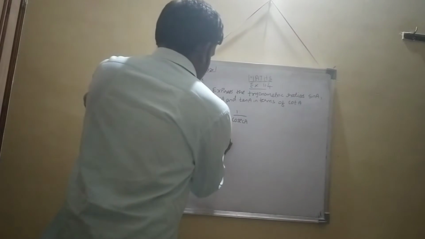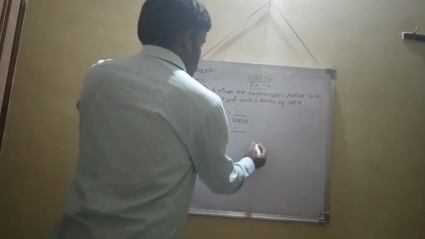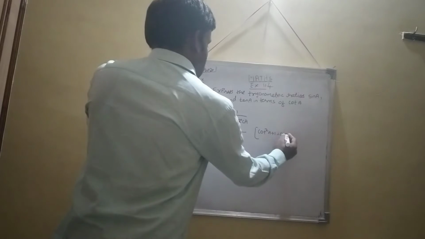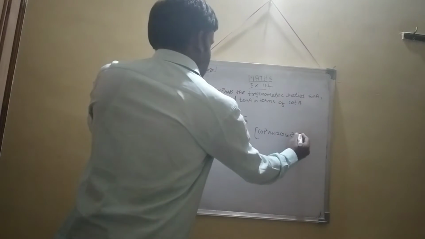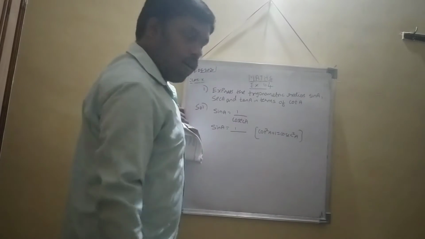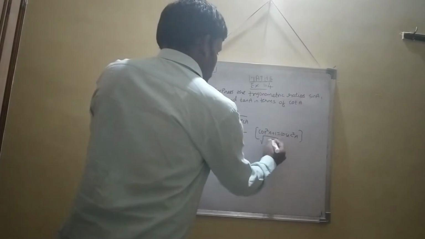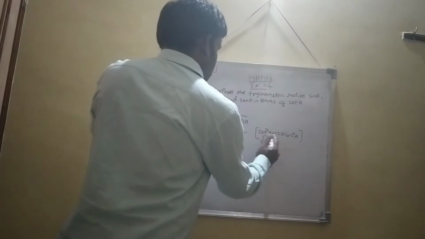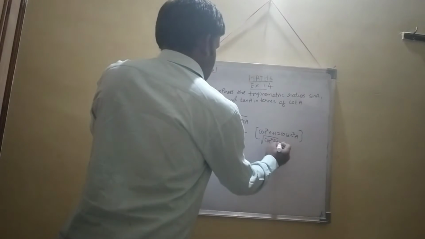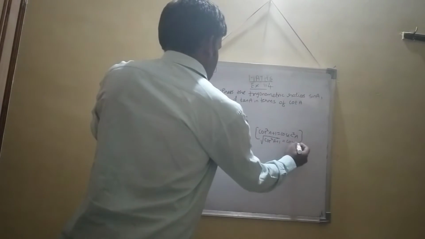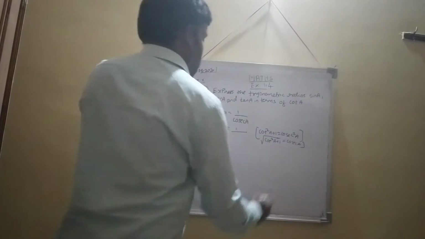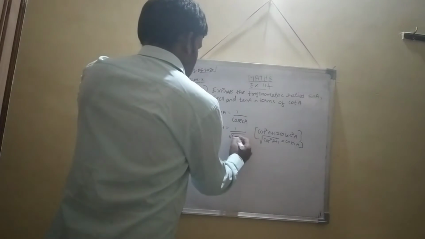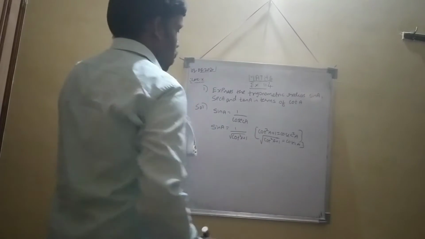How are they related? We know cot square A plus 1 is equal to cosecant square A. So we take the square root: the square root of cot square A plus 1 is equal to cosecant A. So in place of cosecant A, I can write square root of cot square A plus 1.